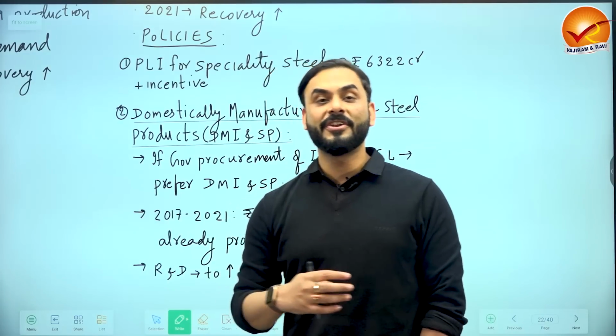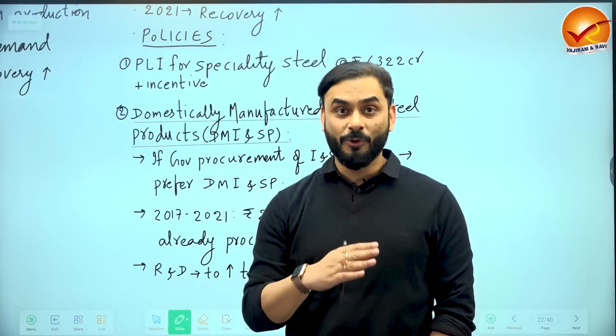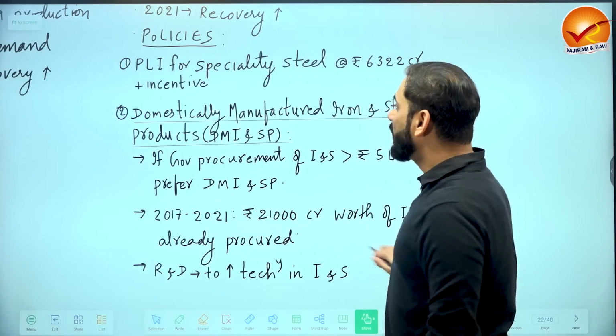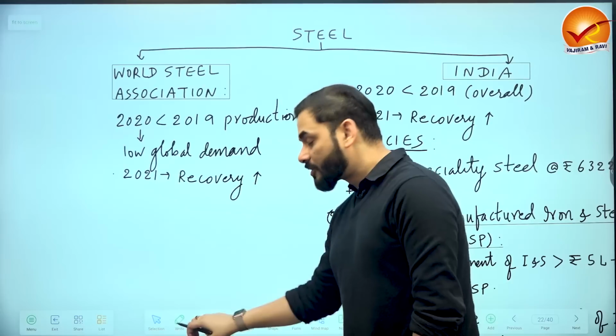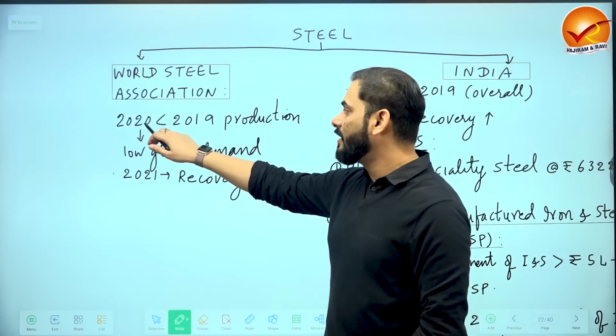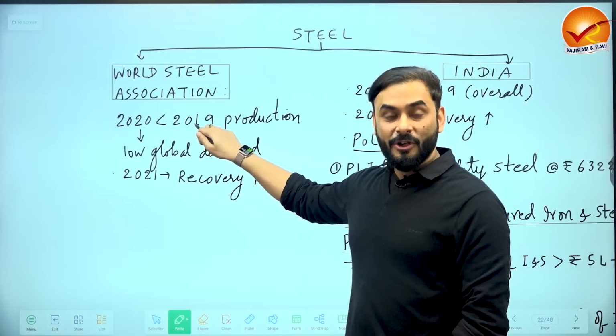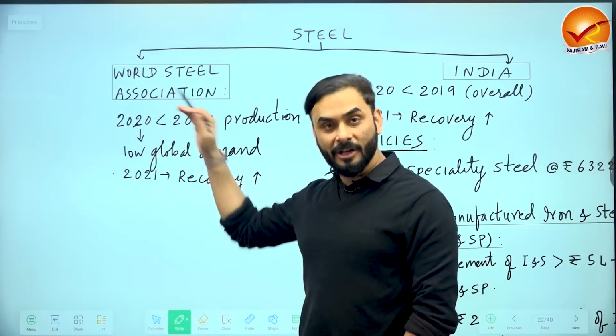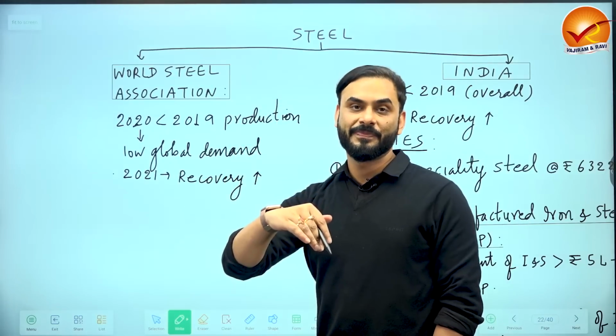But what has been the general trend of steel production before COVID, after COVID, and today? Let's see. So let's first talk about the global production of steel. According to World Steel Association, in the year 2019, global production of steel was very high. In the year 2020, the global production of steel reduced, right?